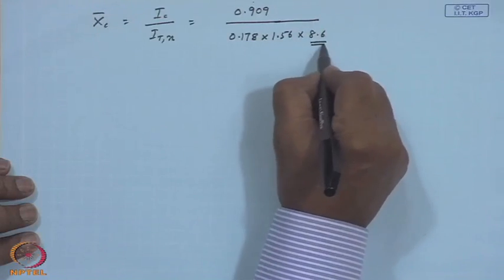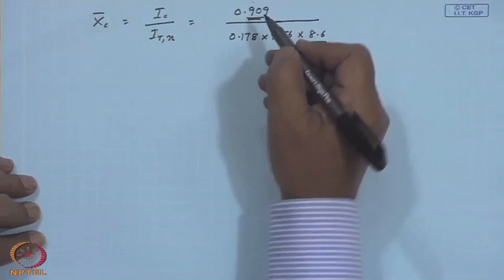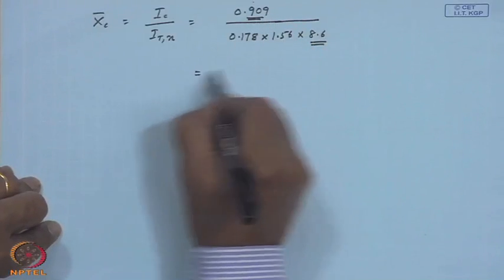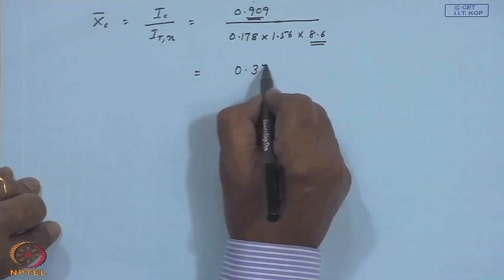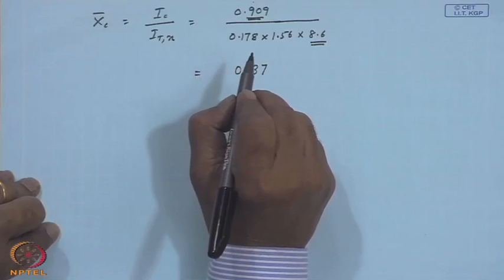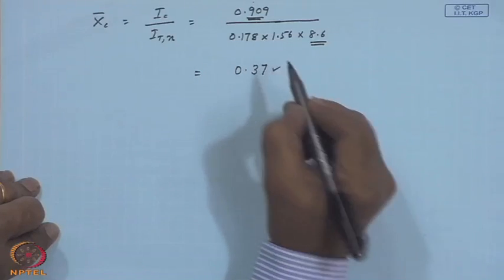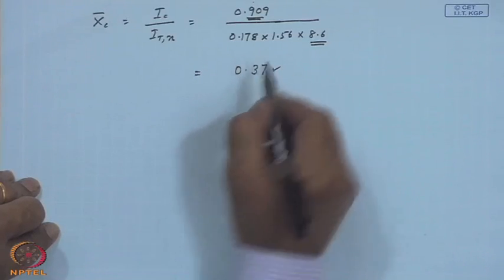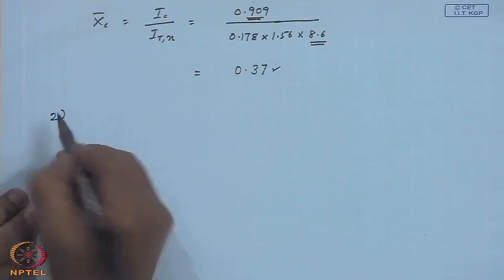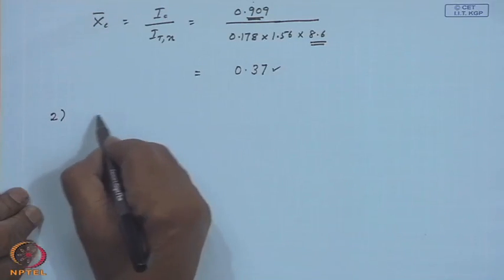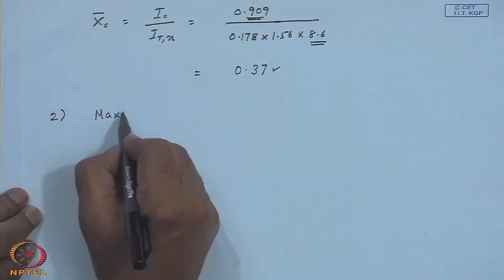This is also in megajoules and this is also in megajoules, so there is no problem. This non-dimensional critical level will be 0.37. Okay. We got the non-dimensional critical level, we got the critical level. Then second problem, I am separating it out. What is the maximum utilizability?